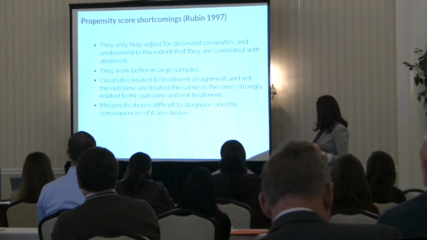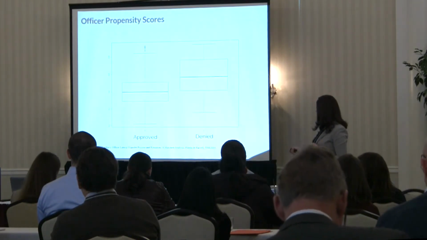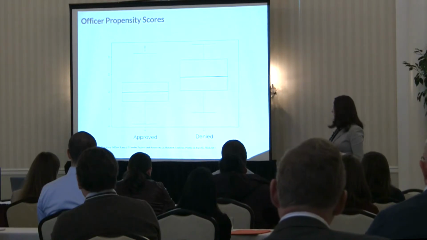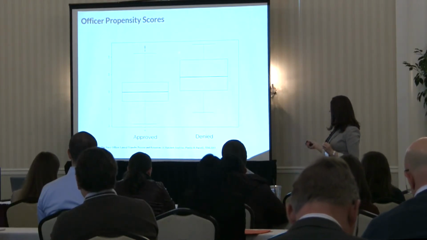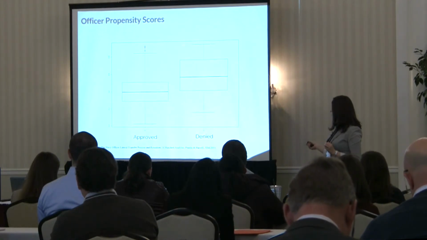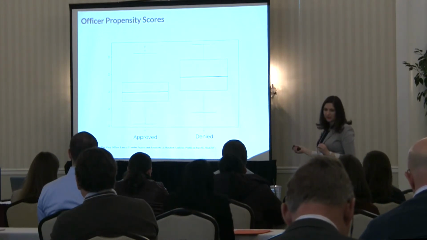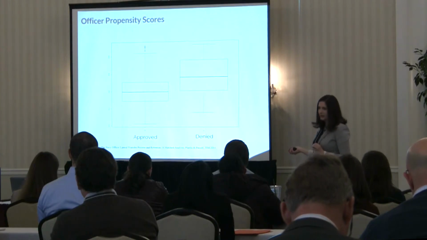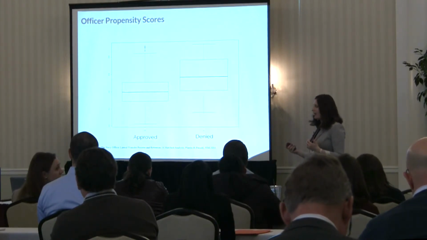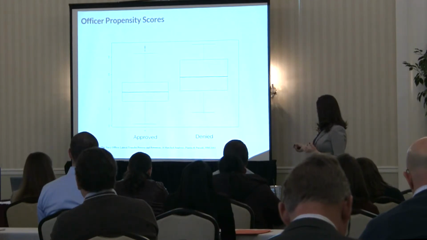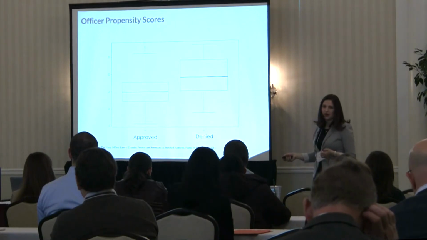So in other words, when we look at this, a greedy matching will probably kick these people out. In fact, greedy matching might kick some of these people out because once you have matches for those, maybe you don't need the extras. So that's not great. And it might not optimize how close your matches are. In an optimal full match, you will use all of your approved and all of your denied officers.